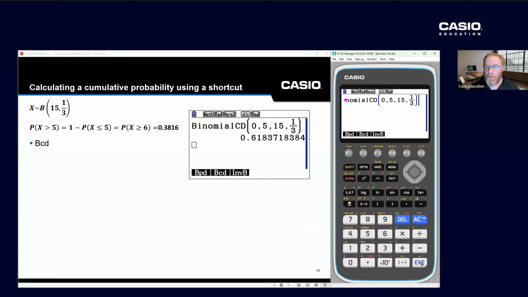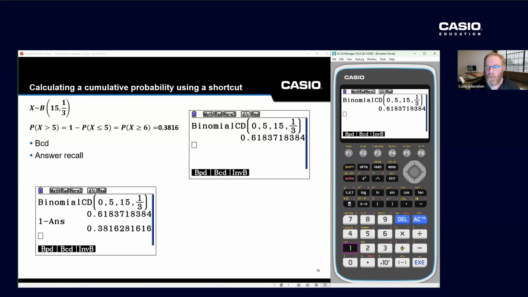Okay. When I calculate that, I get the 0.61 that we've seen earlier. So I don't have to add up the individual probabilities. I get my cumulative one straight away, but that's 5 or less. I actually want 6 or more. So what I can do is then do a 1 subtract that answer.